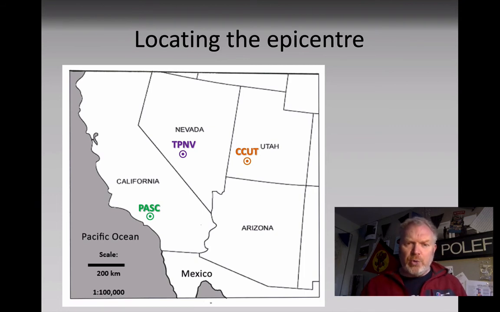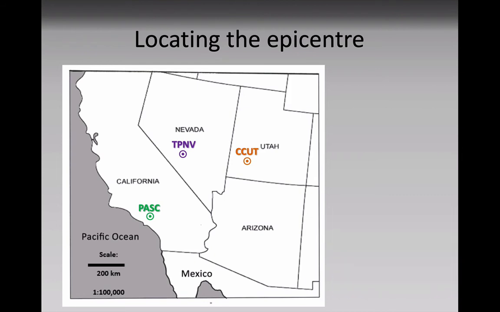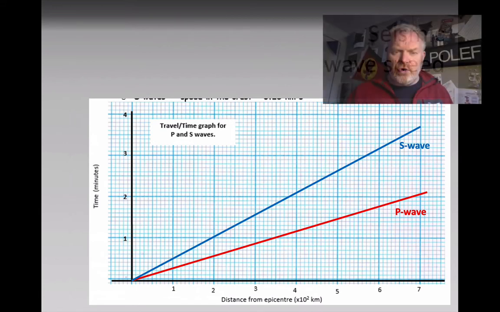Okay, so we now have our 2 key pieces of information really to be able to start working out where the epicentre of an earthquake actually is. If we look at your earthquake graph, you'll see that there's a gap between these 2 waves.